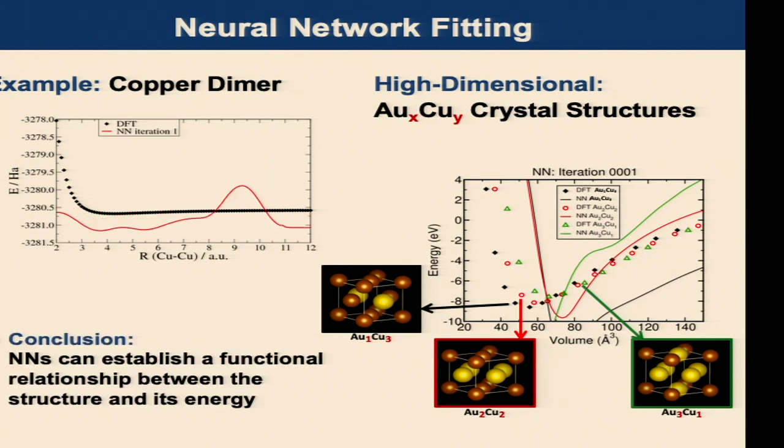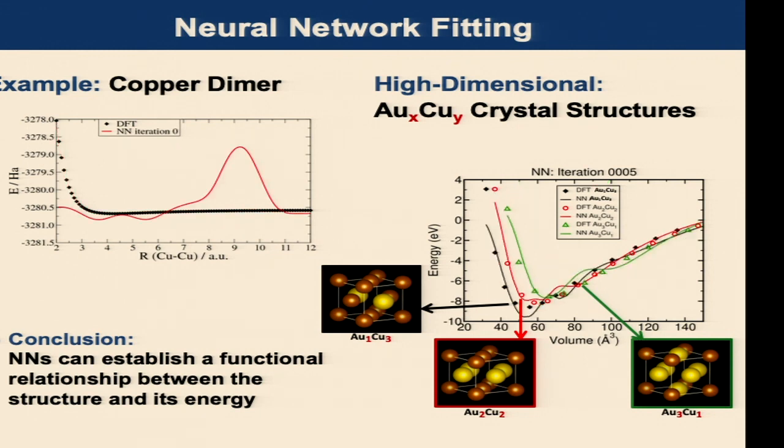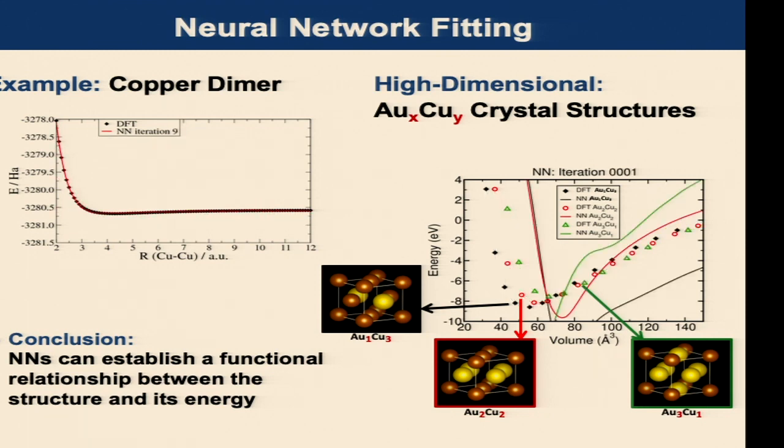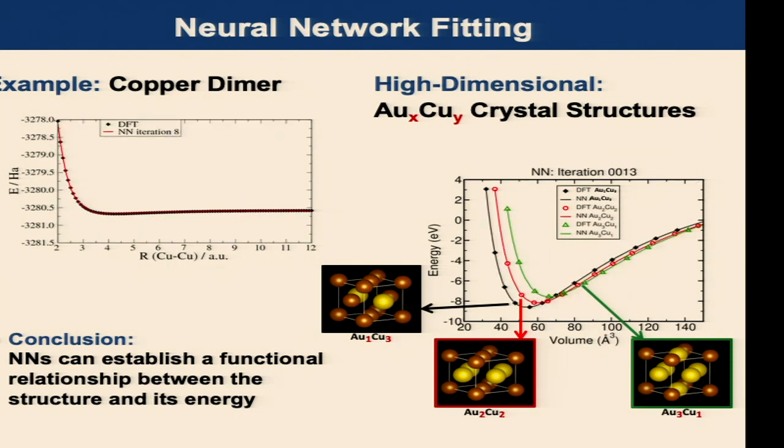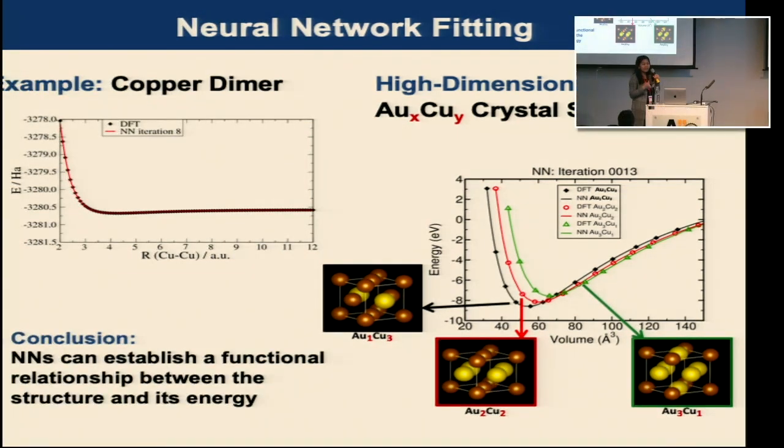After a few iterations of training, we can see that the neural network potential can really describe the reference data accurately. So the conclusion is that a neural network can really learn the function between the structures and energies by using this model.